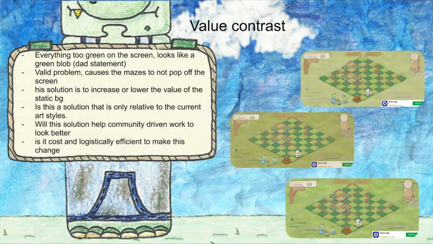But where this becomes a problem for me is the cost and logistics of working to have this value contrast function only relative to the artwork that we have right now.